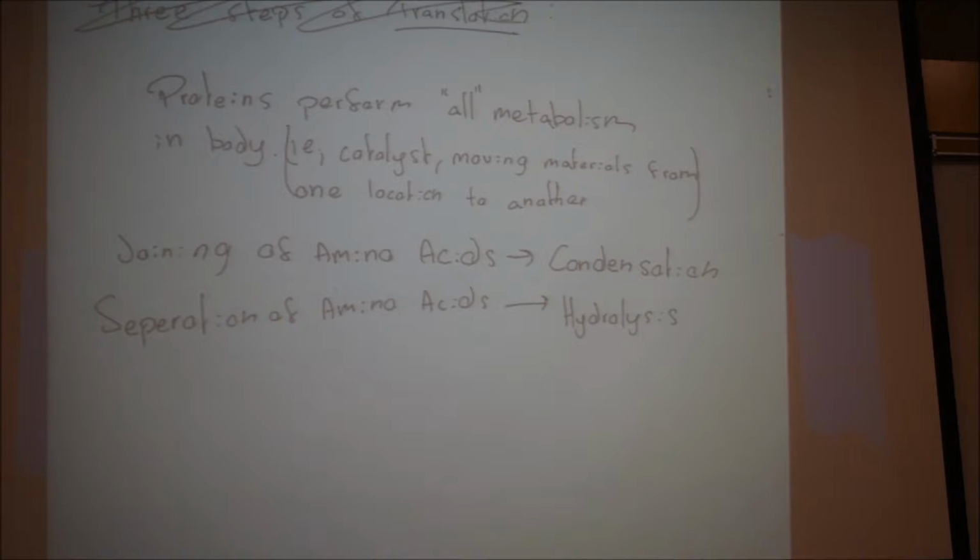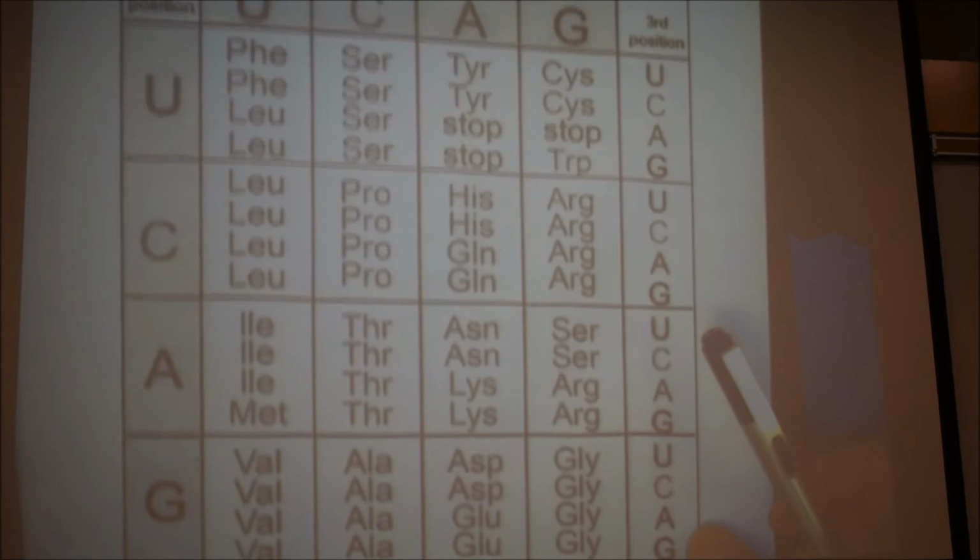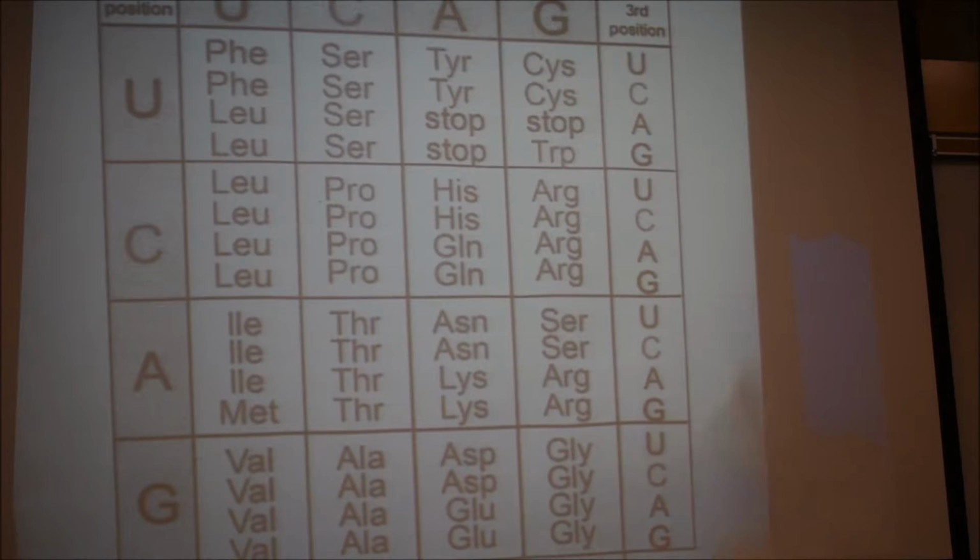So now we should go over what is a start codon and what is a start amino acid. So when you look at this chart, this should look familiar. The starting amino acid for every protein chain is methionine, right? So MET. So you should know that the thing that starts off every protein chain is a methionine.